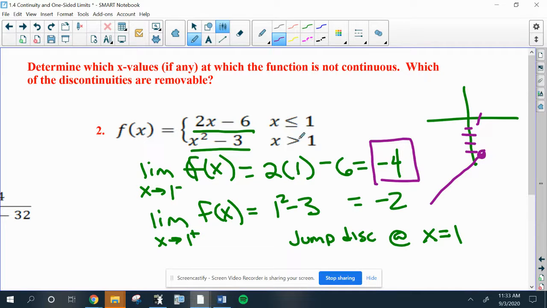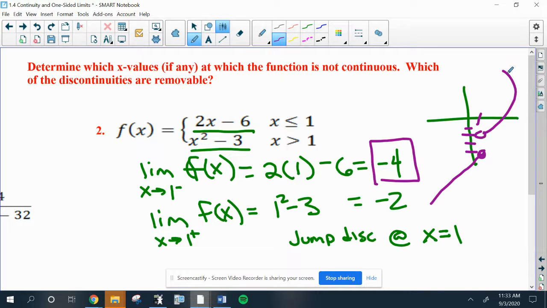Closed circle because of the or equals to. Then we have this parabola that takes over at 1. It's at negative 2. So we're here, open circle, finish out the parabola. That's probably a pretty good idea of what that piecewise function looks like.